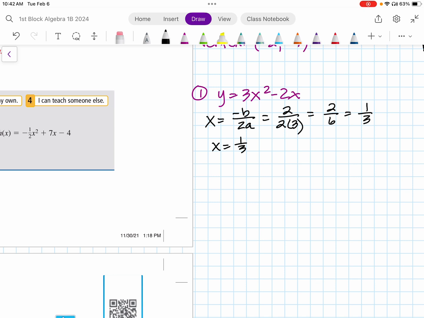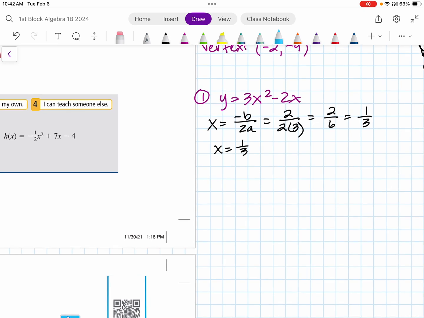Now we put 1/3 back into our equation. y equals 3 times 1/3 squared minus 2 times 1/3. 3 times 1/9 minus 2 times 1/3. 3 times 1/9 is 3/9 or 1/3. 2 times 1/3 is negative 2/3.